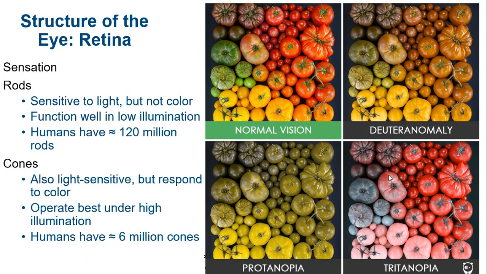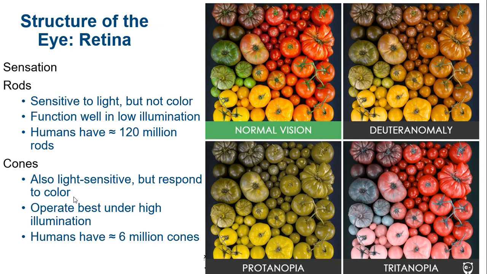Now, I did mention that some people are colorblind. And a lot of times people think that people who are colorblind see in black and white, but that's not right. Usually, what's happening is that if you're colorblind, your cones are affected. Some people are colorblind because they don't have that specific set of cones.